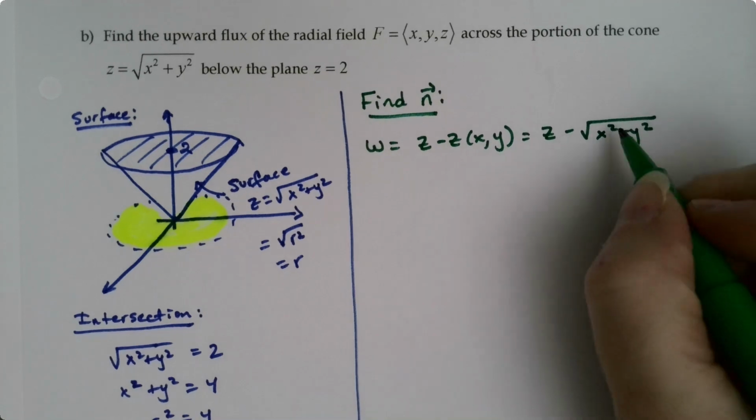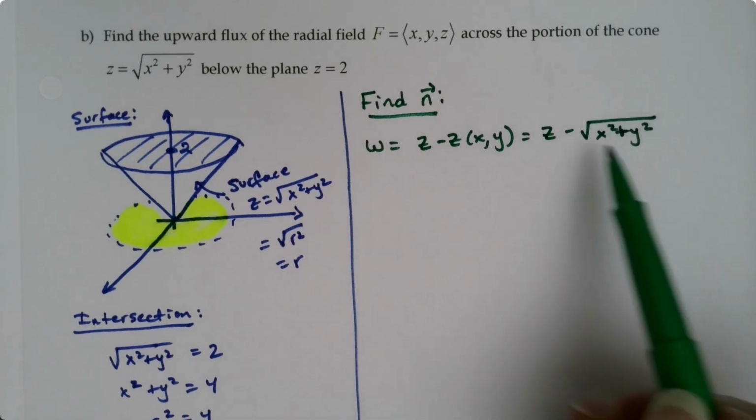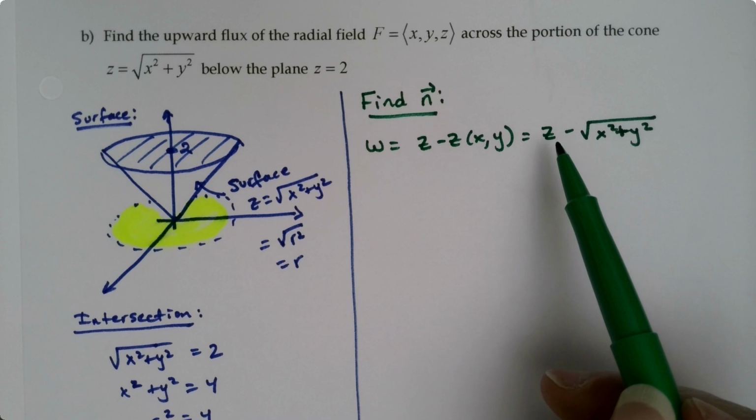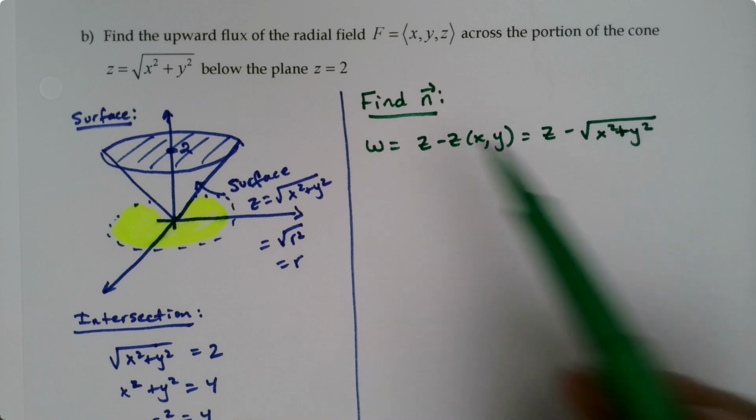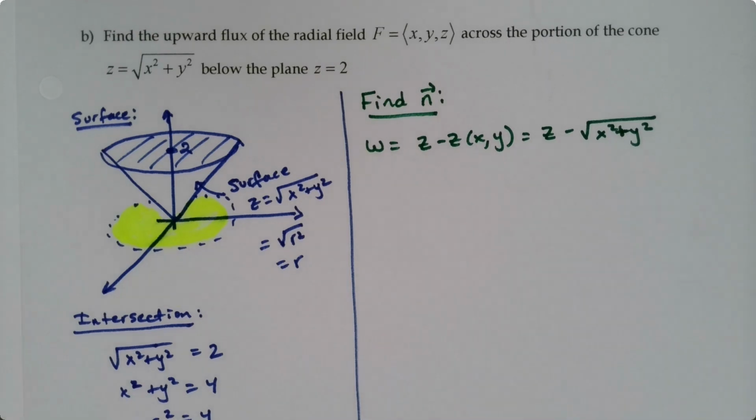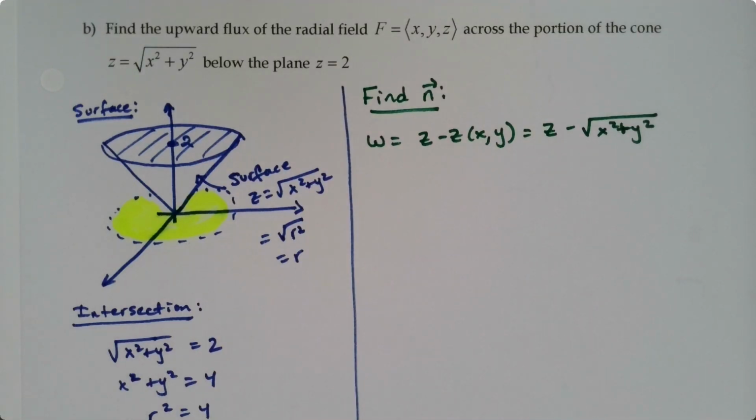I should mention, we're doing upwards and downwards because this is z. If you wanted left and right flux, you would define the function in terms of y. And if you want front and back, you would define the function in terms of x. Remember that when we first had this formula, it said that we could modify the surface as needed. So if you needed to go in a different direction, that's how you would do it.